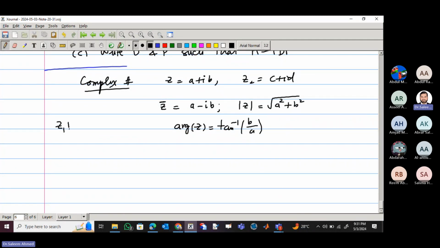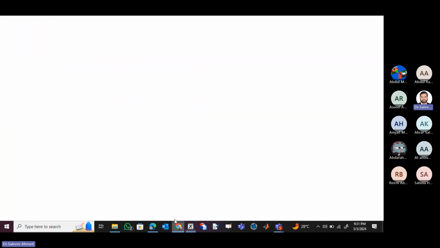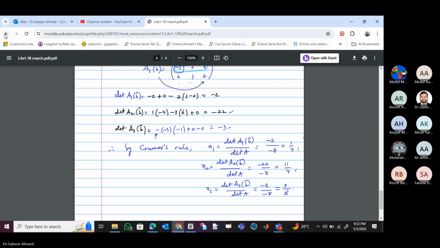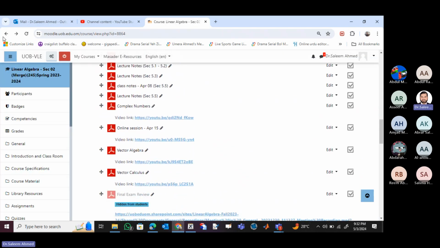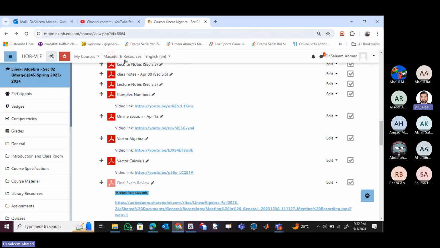You can add two complex numbers, subtract two complex numbers. You can multiply Z1 with Z2. You can divide Z1 with Z2. So this type of algebra with complex numbers is what you should know. I think there is a video for that as well, so you can check out this one.